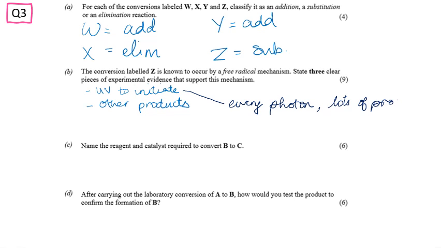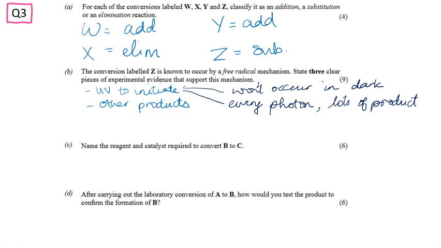So again, I'm maybe not writing it in the same way. I can send you the link to the mark scheme for this answer as well. Then the other thing is that the reaction won't occur in the dark because UV light is required.